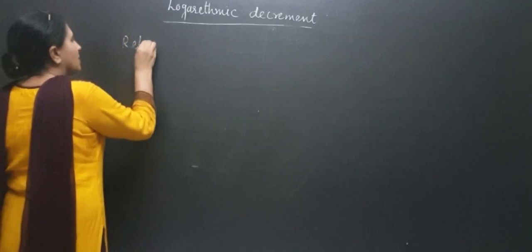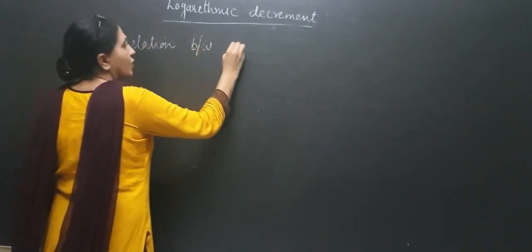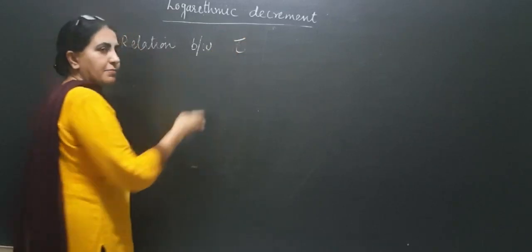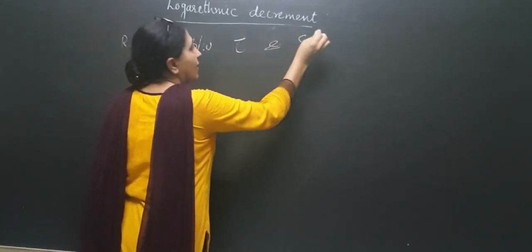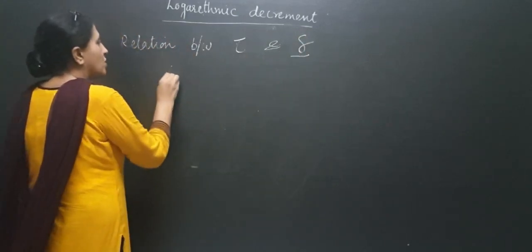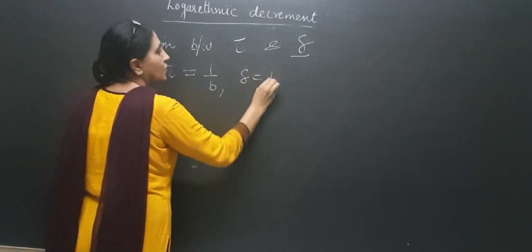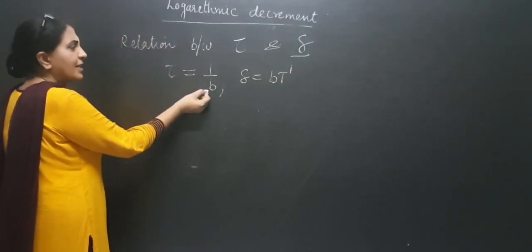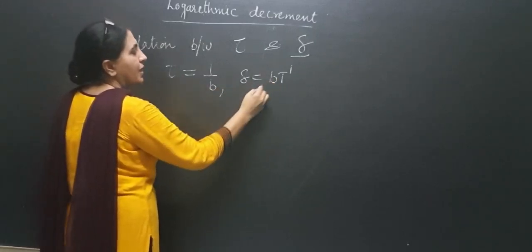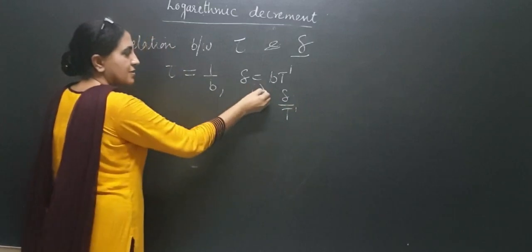Tau is the relaxation time that we have done in the previous lecture, and delta is the logarithmic decrement. So you know tau is equal to 1 over b and delta is equal to bt'. From here, b is equal to delta over t'. Clear?